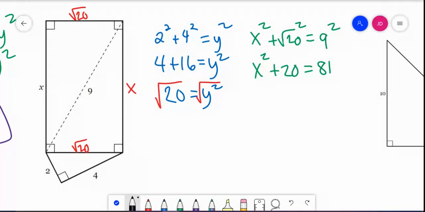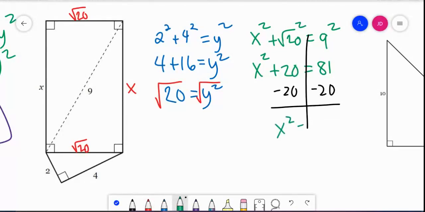All right, now with this one, minus 20 from both sides. And we get, what is it, 61? x squared equals 61. Then I find the square root of both sides. So this is actually the square root of 61.